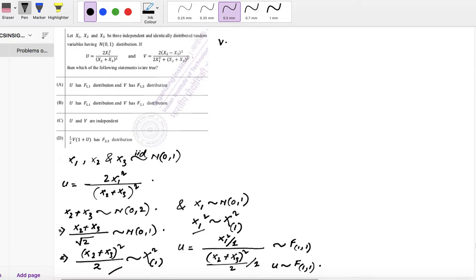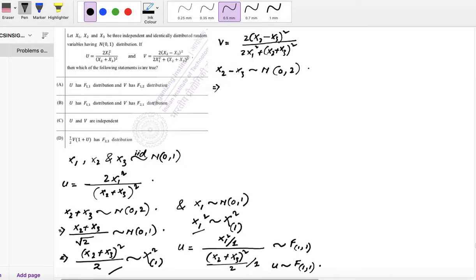Now come to V. We are given that V is 2 times x2 minus x3 whole square, over twice x1 square plus x2 plus x3 square. Now x2 minus x3 would follow normal distribution with mean 0 and variance 2, right?